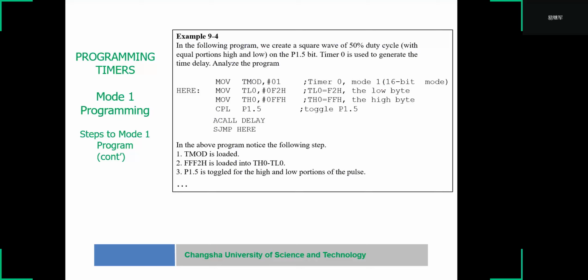Okay, here is the example. In the following program, we create a square wave of 50% duty cycle with equal portions high and low on the P1.5 bit. Timer 0 is used to generate the time delay. Analyze the program.